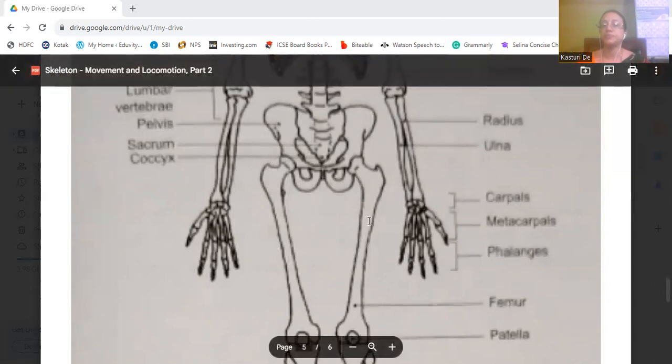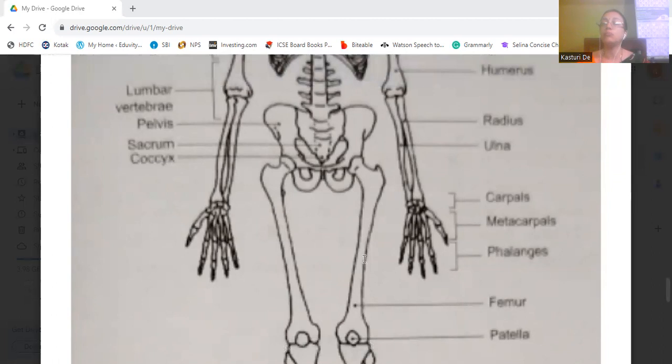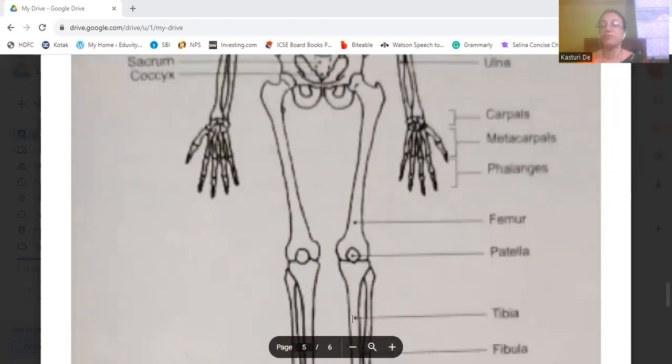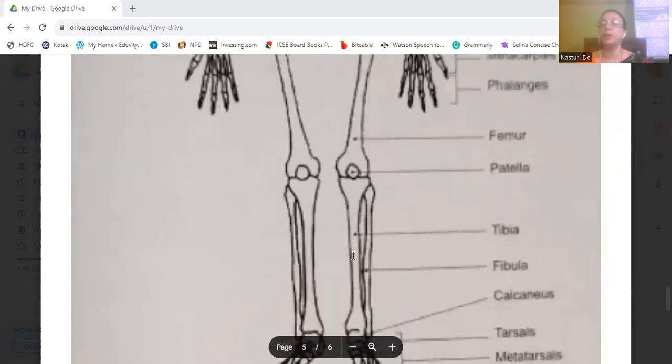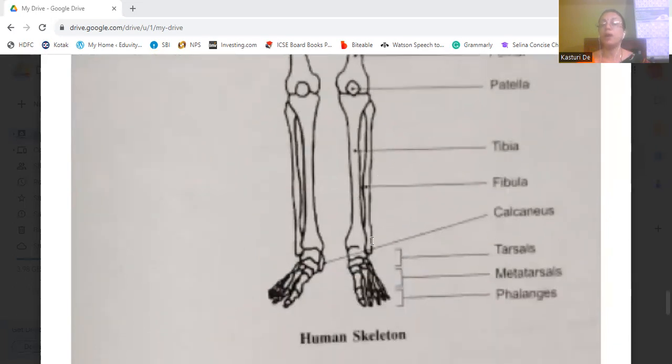In the leg region, the long bone is the femur, or the thigh bone. Then we have the tibia and fibula. The fibula is towards the outer part of the leg, and towards the inner side we have the tibia. The fibula is a feeble, very thin bone, and the tibia is slightly thicker.